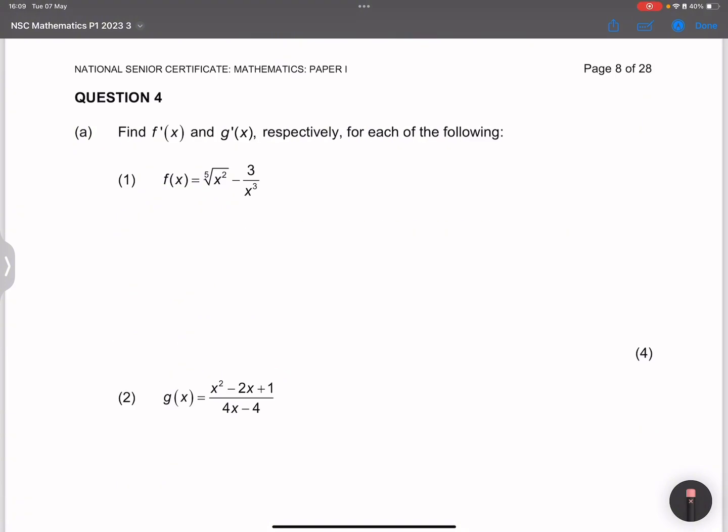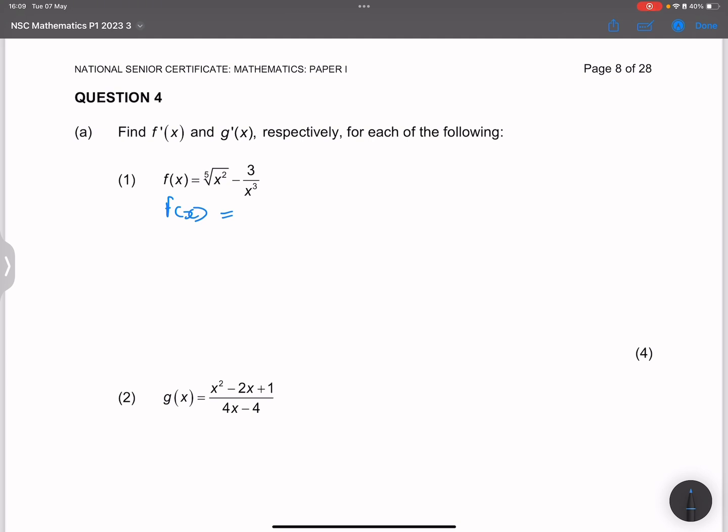Now question 4 says find f prime x and g prime x respectively for each of the following. Please remember, before you take the derivative, the first thing we ought to always do is make sure that you remove all the surds and all the brackets.